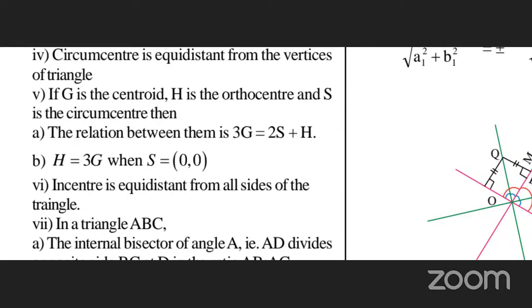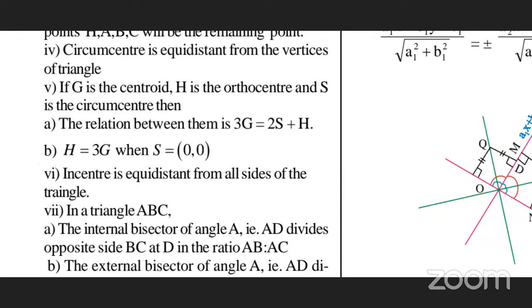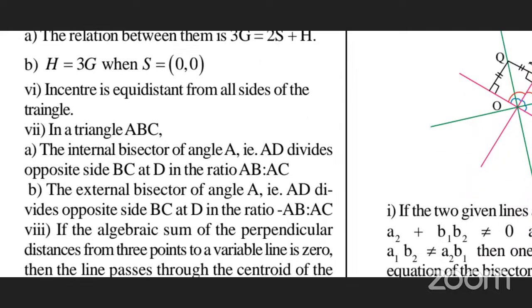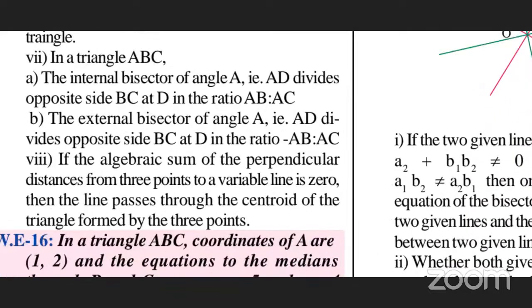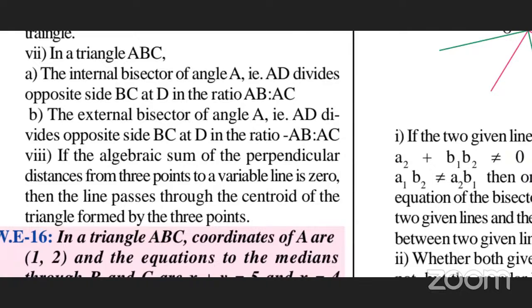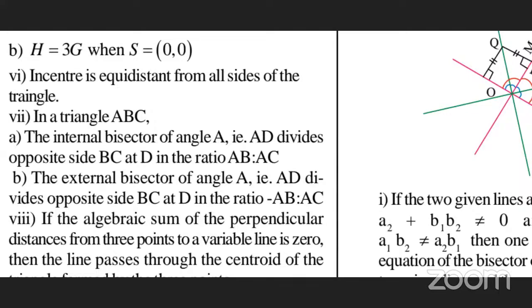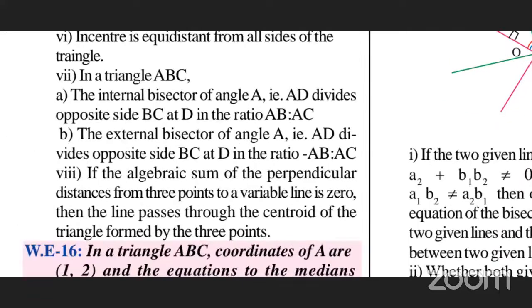Now, next is, in a triangle, the internal bisector AD divides BC at D in the ratio AB to AC. Internal bisector means if I take an internal bisector from angle A, then it divides line BC at D. Let me draw one diagram.